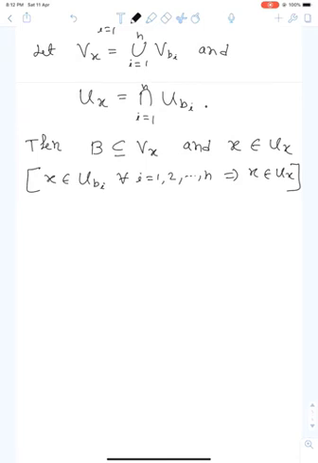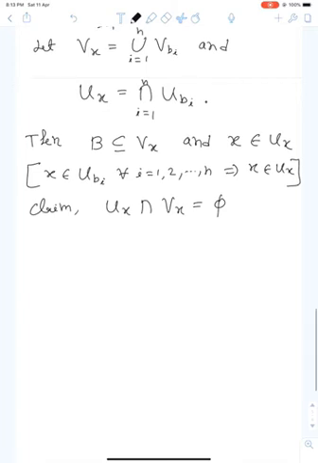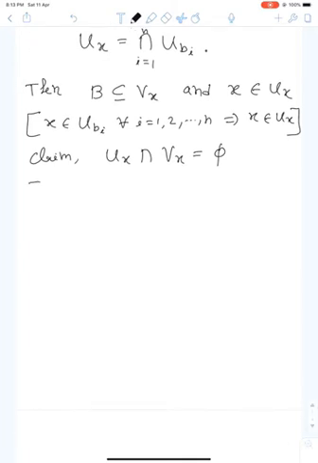Why is this empty? Now we claim Ux intersect Vx is empty. For example, if possible, let z belong to Ux intersection Vx.